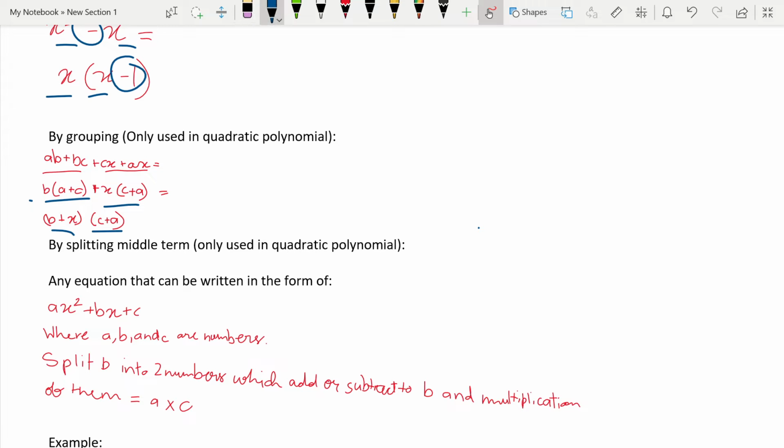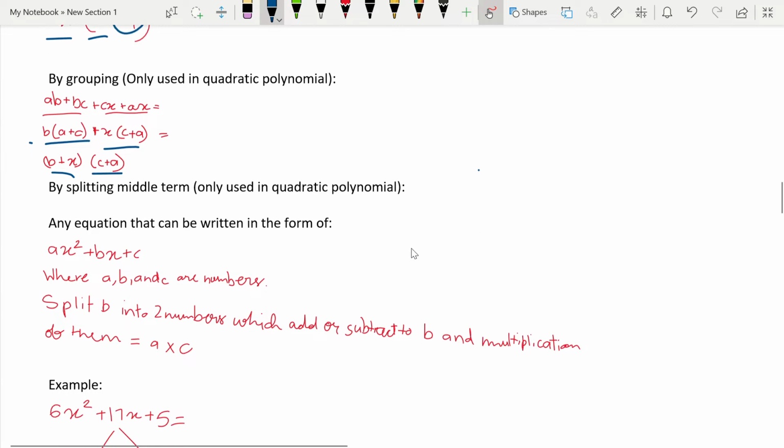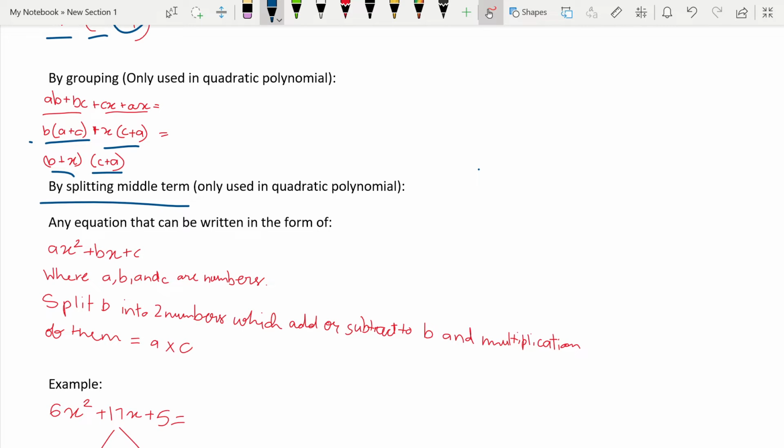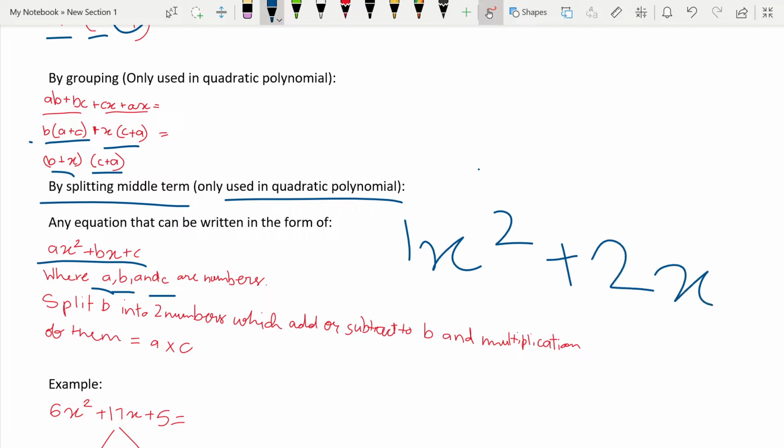Let's move on. Now, there's another way, which is by splitting the middle term, only used in quadratic polynomials again. Any expression that can be written in the form of ax squared plus bx plus c, where a, b, and c are numbers. Now, this might sound confusing. We haven't learned this before, but let me make it clear. So basically, it's going to be 1x squared plus 2x plus 3.